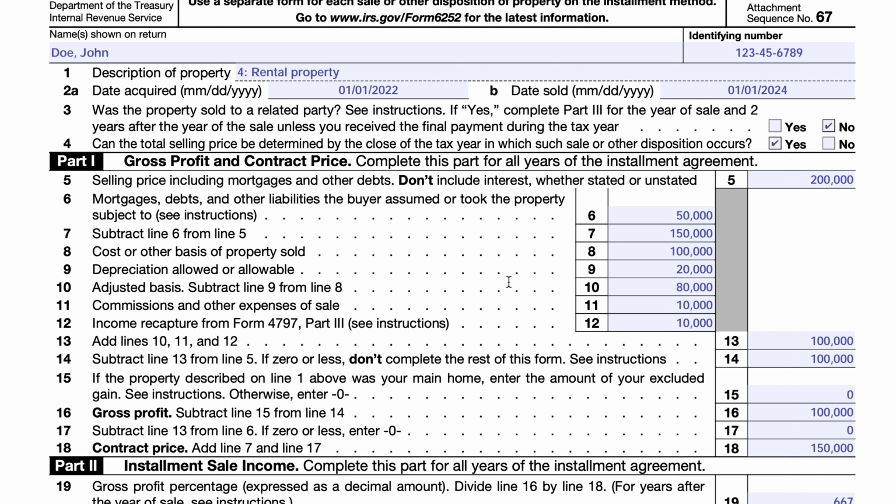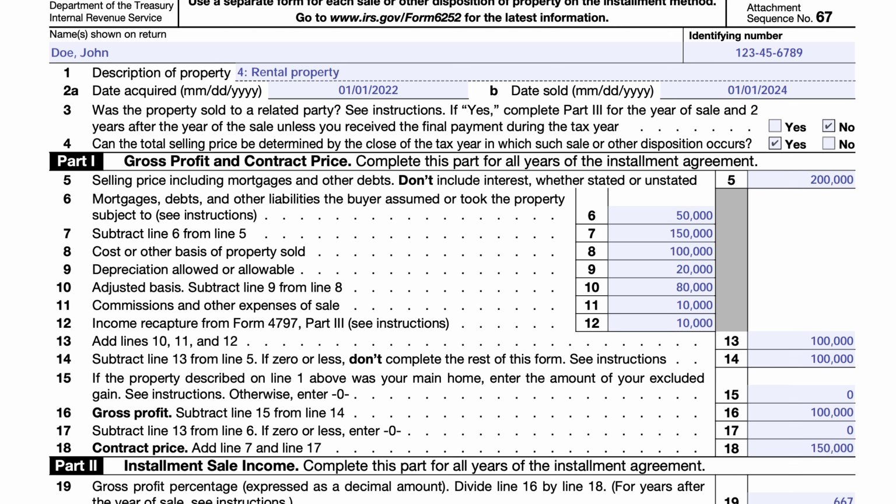So let's start with the selling price. That's line 5. This would include any cash that you received, the face amount of the installment obligation, any fair market value for property or services that you received, and mortgages or other debts assumed by the buyer as part of the property.